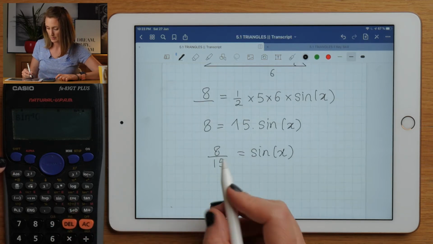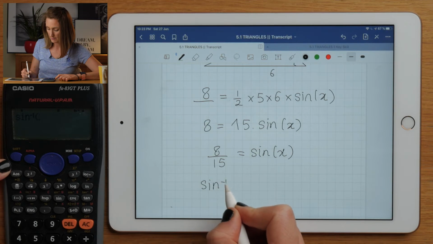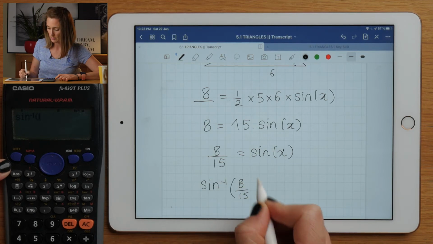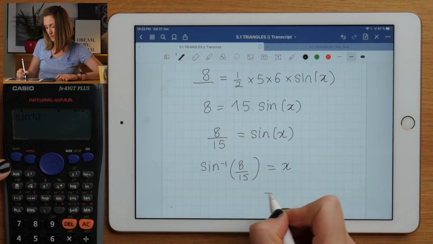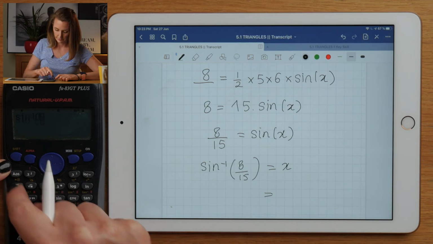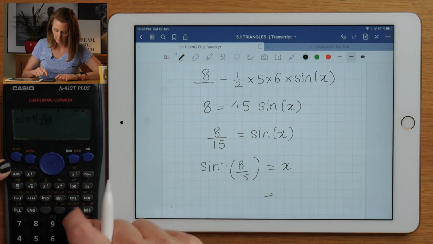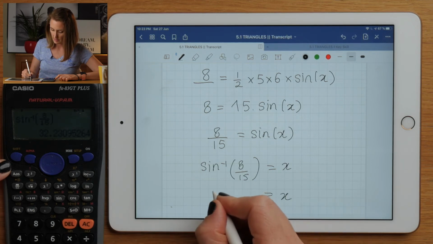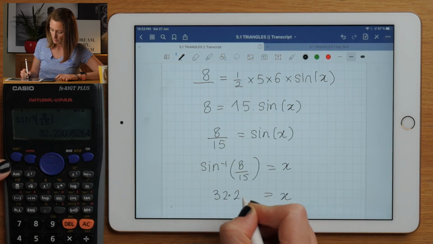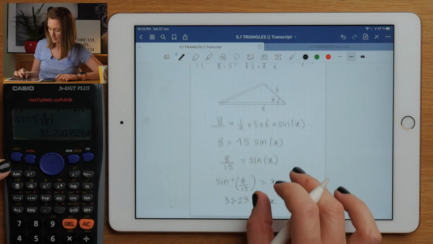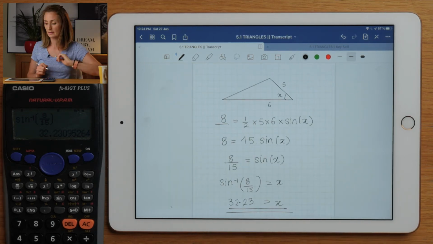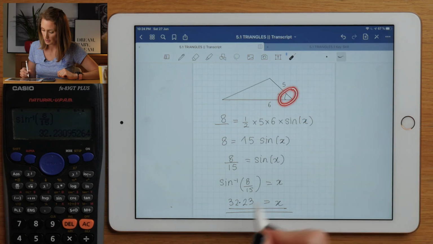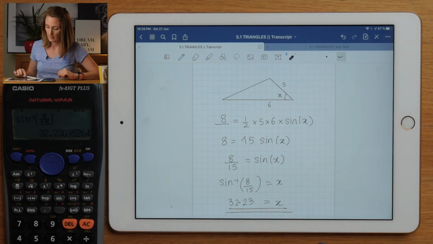So you need to have sine inverse of 8 over 15 will give you the answer for x, and you type that in, and x is going to be 32.23. Perfect. You can see here that x is an acute angle, so that's fine.